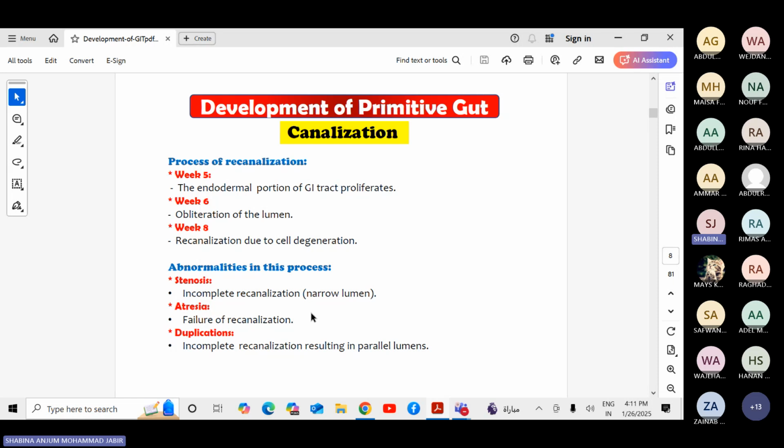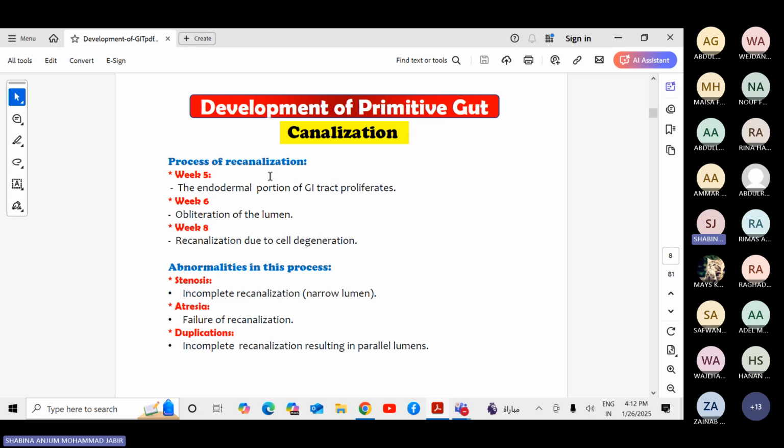So when this tube develops, first of all, this tube is a hollow tube. Then slowly what will happen, this endoderm will proliferate and the lumen will be closed completely. There will be obliteration of the lumen. Then again at week 8, this lumen will have recanalization with the process of cell degeneration.